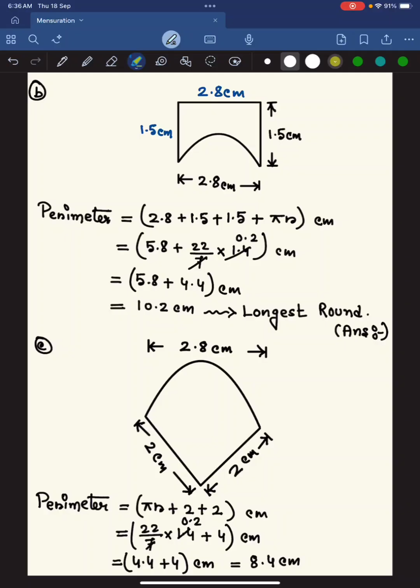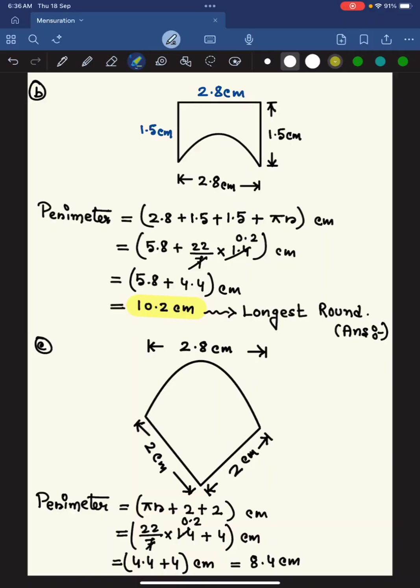So it will be 2.8 plus 1.5 plus 1.5 plus pi r. 2.8 plus 1.5 plus 1.5 becomes 5.8, plus pi r, which is 22 by 7 into 1.4. So it becomes 5.8 plus 4.4, which equals 10.2 centimeter. Understood?